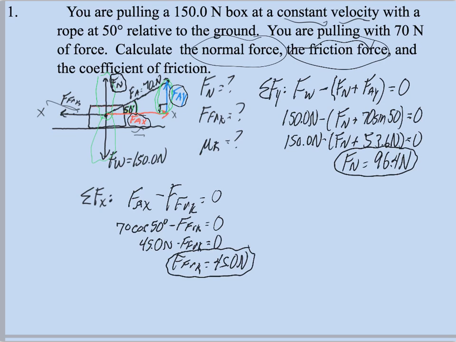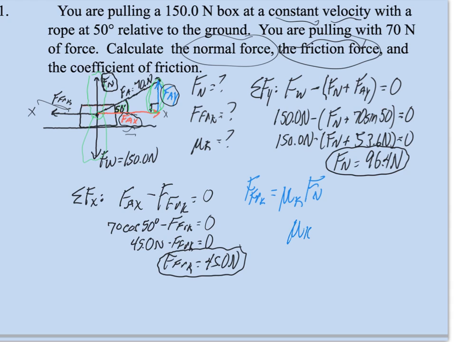And then the coefficient of friction, well, let's think about that. We know the coefficient of friction, in this case kinetic, times the normal force is equal to the friction force. That's a formula right off of our formula sheet. So I could solve for mu k by dividing both sides by normal.